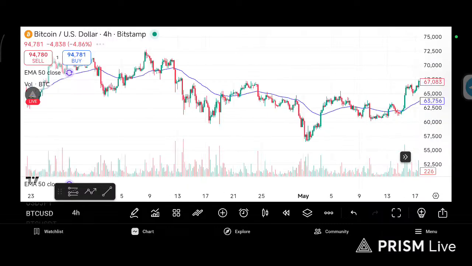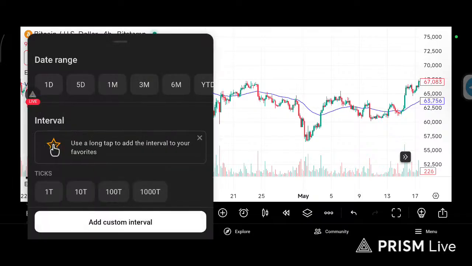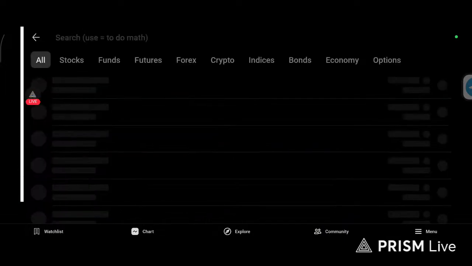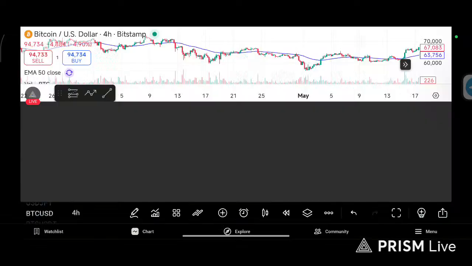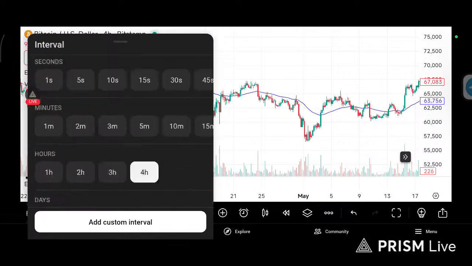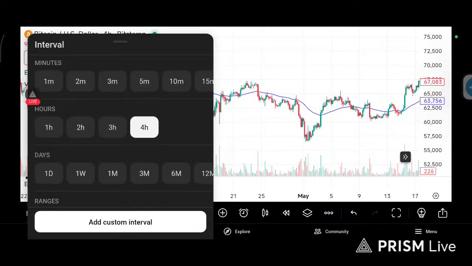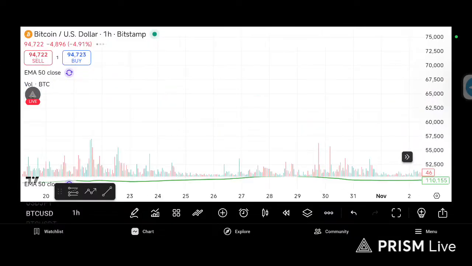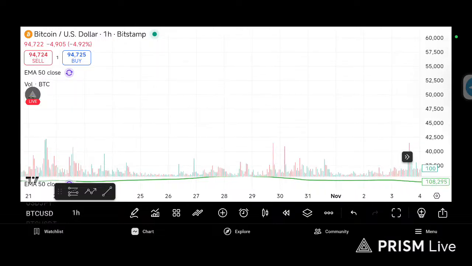What is wrong with the BTC chart? How many time frame is this? Let me go to 1 hour time frame.